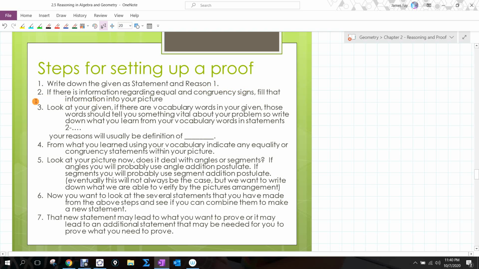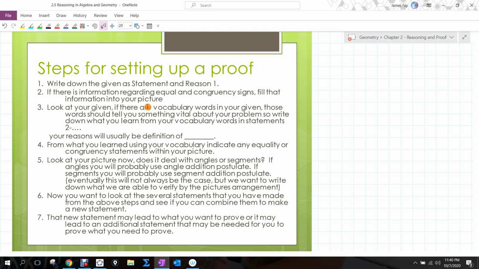Step 3 says look at your given information, and you're going to look for vocabulary words. Okay, if you see a vocabulary word, we're going to write down what that vocabulary word provides us in the next statement. Okay, so let's say that I have the word midpoint in the given. I'm going to go down in my next step and I'm going to say, okay, I have the word midpoint. What does that tell me about my specific problem?